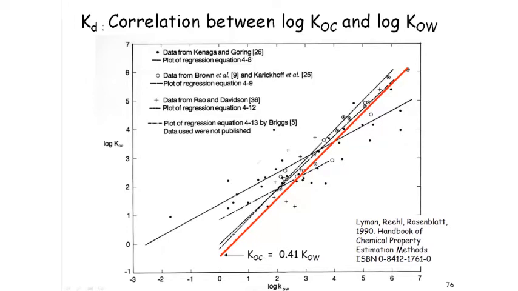You can see that in the middle of that diagram, the correlation isn't too bad, within an order of magnitude, let's say. When we get to the extremes, both for low KOC and high KOC, the correlations become poorer, the scatter of data is even greater, and Mackay's line is a poor estimator in many cases. That's really not a worry to us. Why is that? Well, here, the organic carbon partition coefficient is so low that there's really no retardation at all.